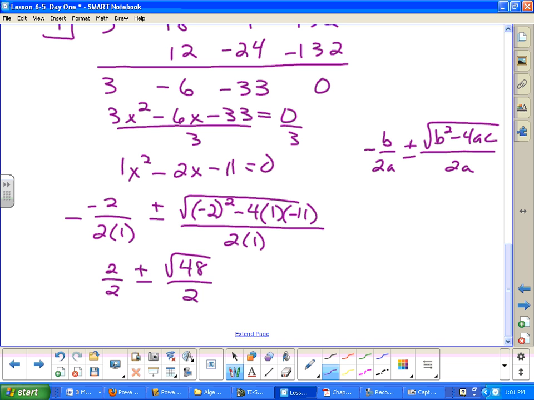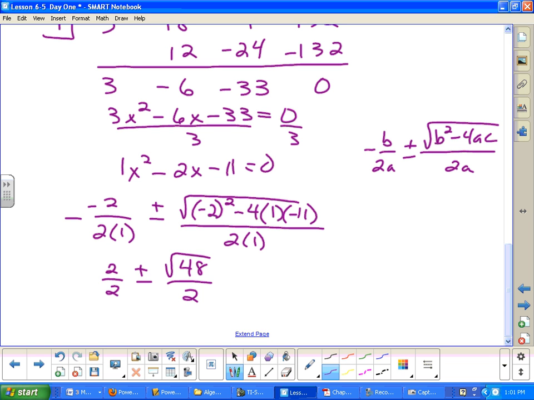Okay. How many of you remember how to simplify the square root of 48? That would have been something you did in chapter 5 also. Okay, here's our squares, right? Hey, look at that. We got them right here. What's the biggest one of these that goes into 48? Does 36 go into 48?